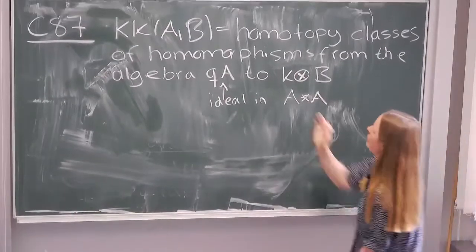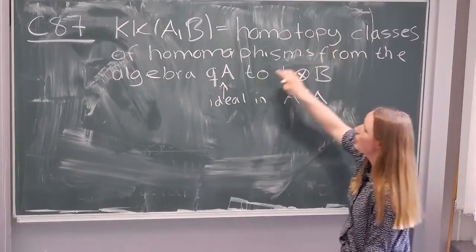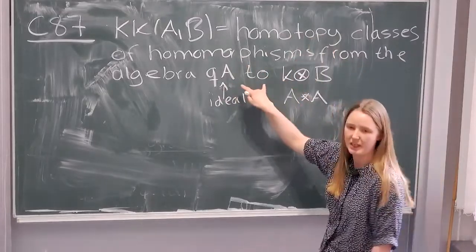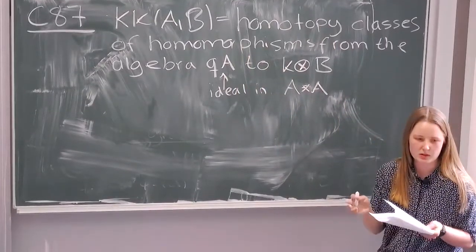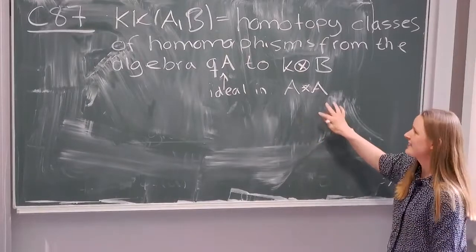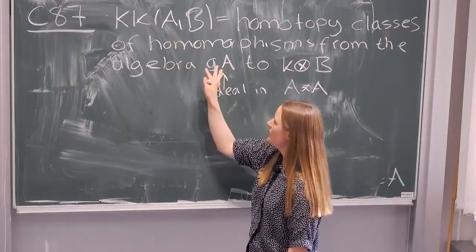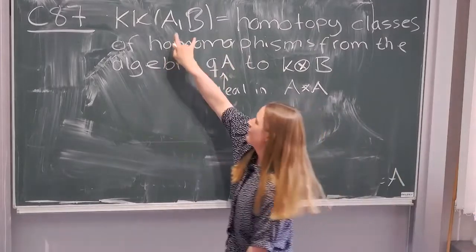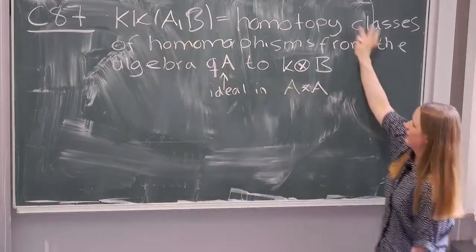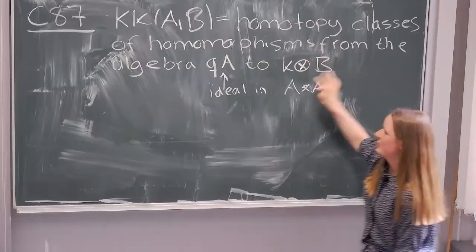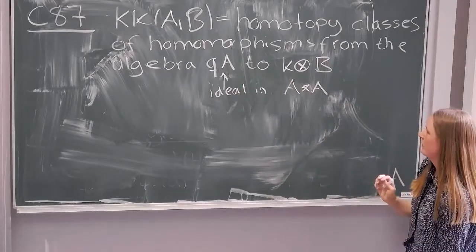So now you see that in this picture, homotopy is just homotopy of homomorphisms between these two C*-algebras. And Cuntz also writes in his introduction that this is partly motivated by the fact that he wants to maybe remove the C*-algebraic condition, so maybe looking at rings or something like that, because when you look at this picture, they don't necessarily need to be C*-algebras.